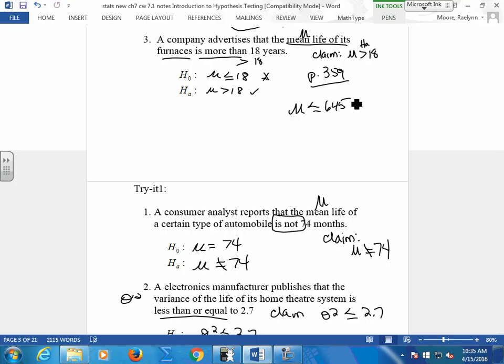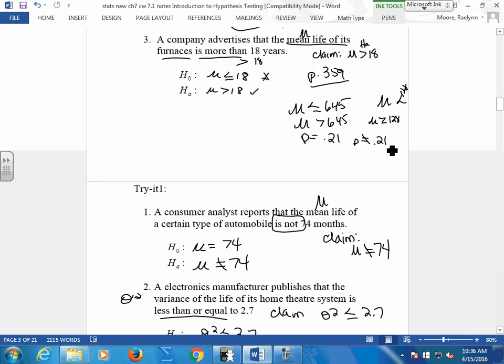HO. What's my HA? Good. Okay, for number 12, if my mean is less than 128, HO or HA? What's my HA? Greater than or equal to. Good. Okay, how about number 16? My proportion is equal to 0.21. HO, the equal sign. What's HA? Not equal to. Okay, we're feeling that. Good.